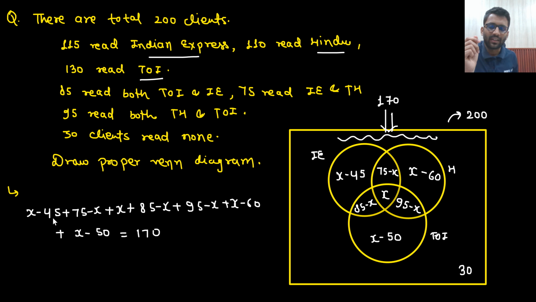I know one thing, x minus 45 plus 75 minus x plus 85 minus x combined give me the total number of Indian Express, that is 115. So I can directly write this as 115, plus this x and this x is getting cancelled. Am I missing anything? No, 95 minus x plus x minus 60. So this and this is getting cancelled. 95 minus 60 will give me 35, and plus x minus 50 is equal to 170.